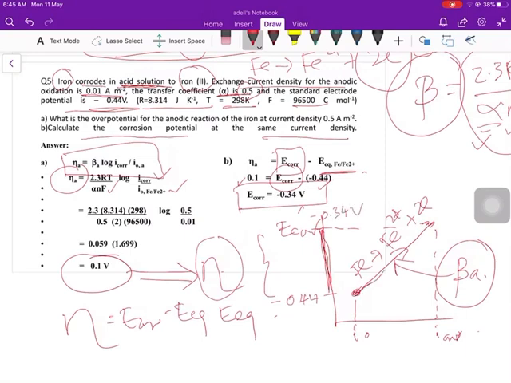So E corr is negative 0.34. It means that the iron anodic reaction has moved to negative 0.34 volt. This is new E. When you take this and deduct negative 0.44, the equilibrium, the starting potential, you will get this, the overpotential. Okay, so thank you.